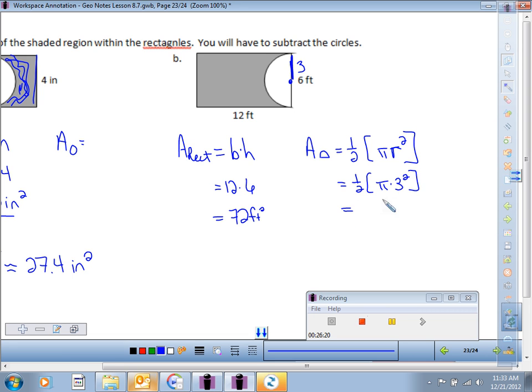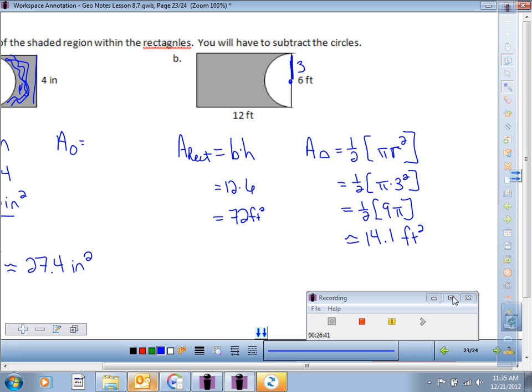We'll simplify a little bit. It'll be 1/2 times 9 pi, which is 4.5 pi. So I'm going to go 0.5 times 9 times pi and get an area of approximately 14.1 square feet.